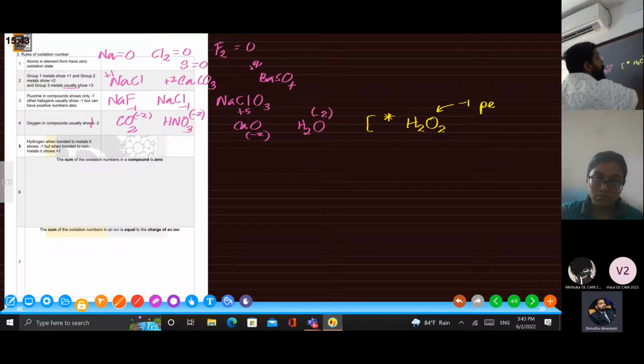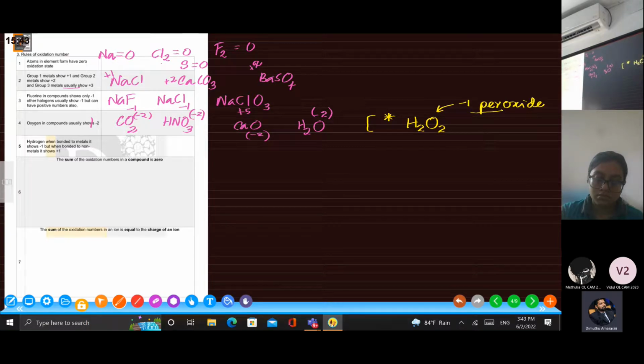That's why it is called not oxide but peroxide. Peroxide means like one is less, something like that, in chemistry. So oxygen is usually -2, but in peroxide it is -1.